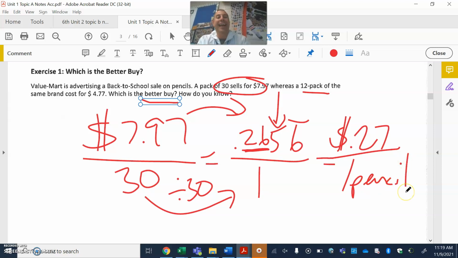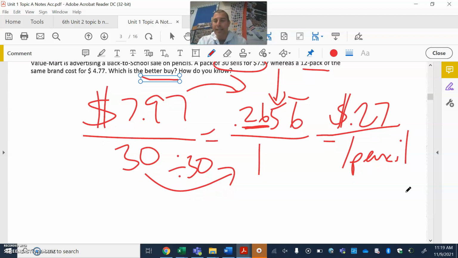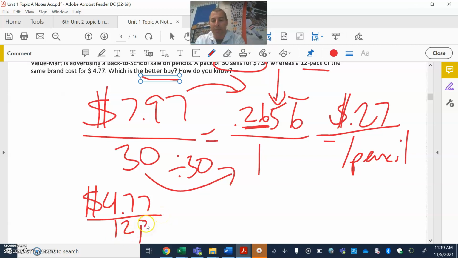So that is a unit rate because it is how much for one. The other one here tells me that it's $4.77 for the 12 pencils. And again, if you recognize it's a division problem, because, people, look who's there, the fraction bar. Yeah, it means to divide. So you can go ahead, punch it in, divided by the 12.